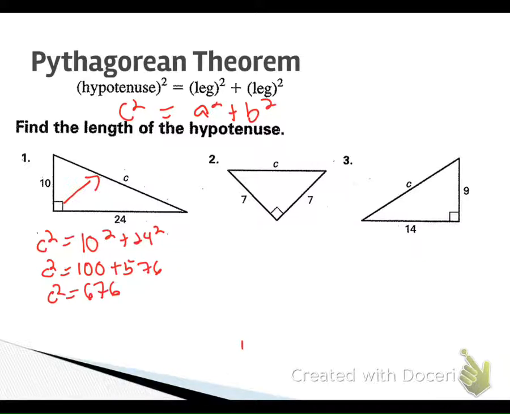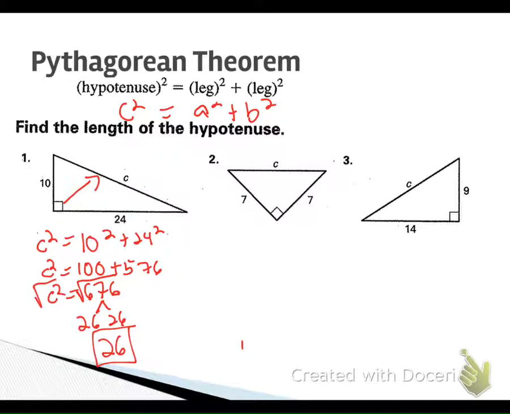Okay, so what is the square root of both of those sides? We got to get C by itself. And what'd you get? 26. That's a perfect square. Your answer is 26.